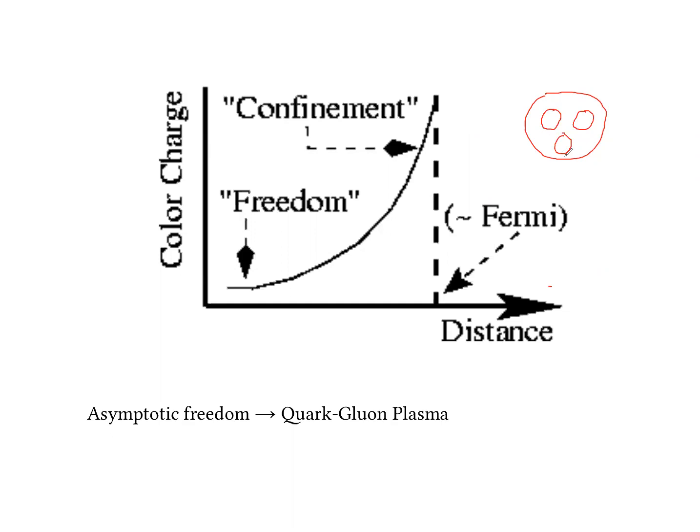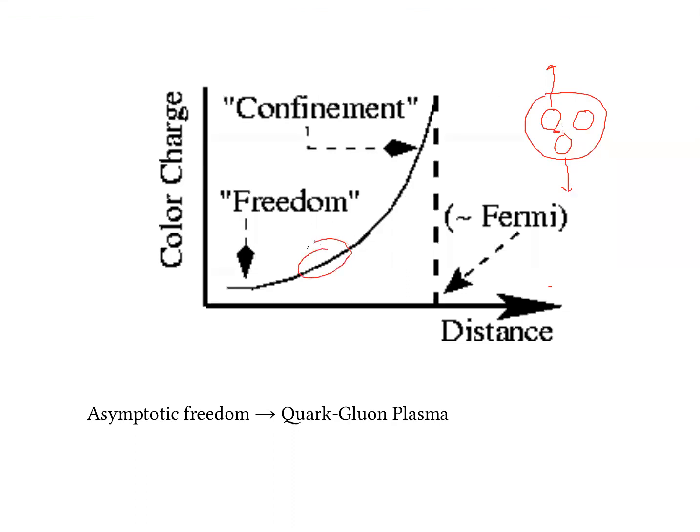If I try to pull a quark away, it is very hard to pull it away because the attractive force due to the strong force is very strong. So if quarks are close together, there is some color force.